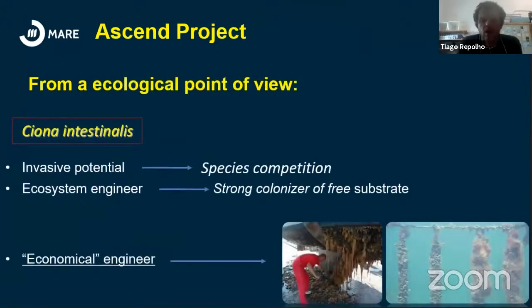From an ecological point of view, mainly it deals with the invasive potential of this organism, although it's native here in the northern hemisphere, and also because it's an ecosystem engineer.